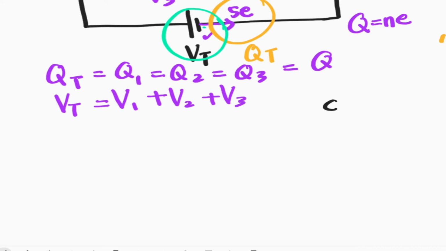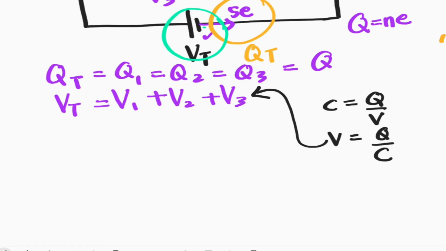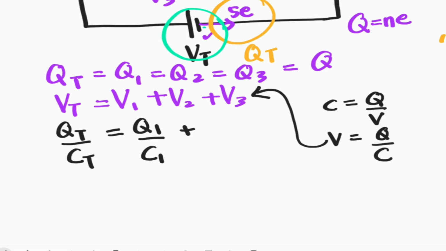We know that C equals Q over V, which means V equals Q over C. So we substitute this formula into this equation. V total is Q over C, meaning Q total over C total equals V1, which is Q1 over C1, plus V2, Q2 over C2, and V3, which is Q3 over C3.